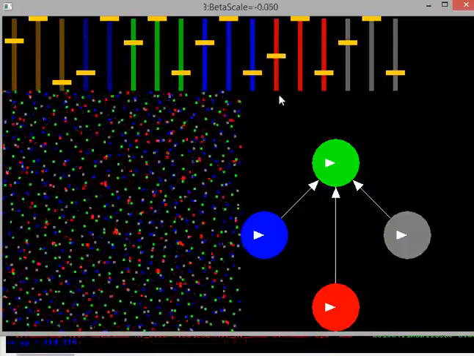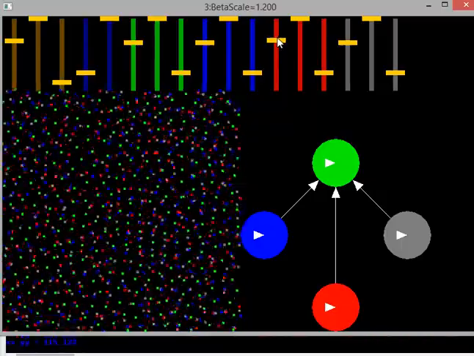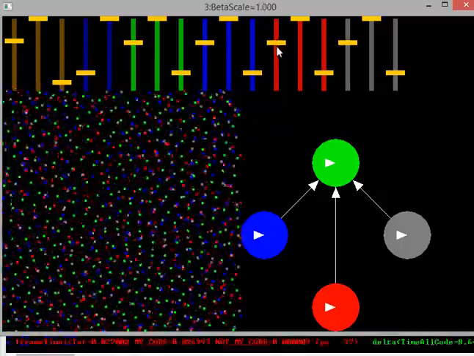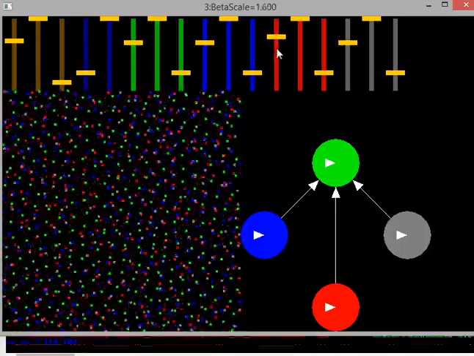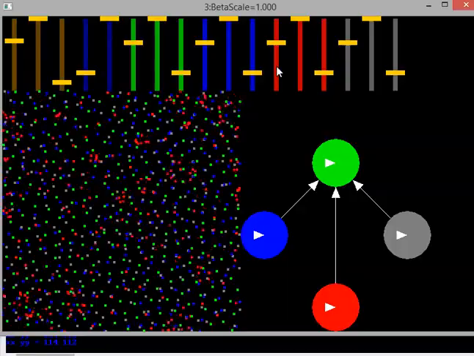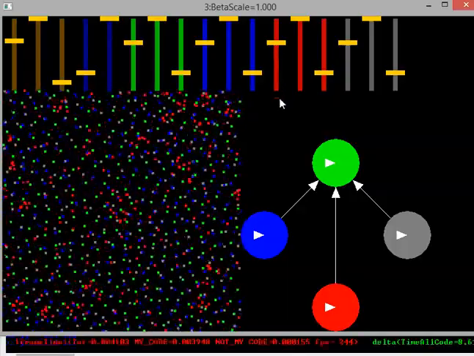Let's see if we can change it. There. Now red's not interacting anymore. There we go. So I just gave it a little nudge.